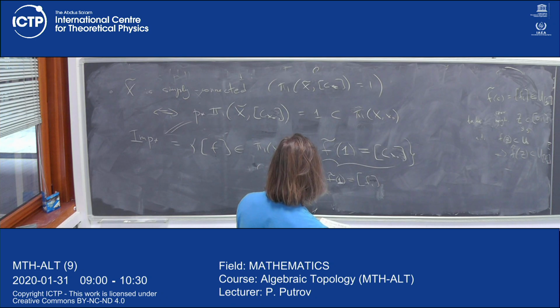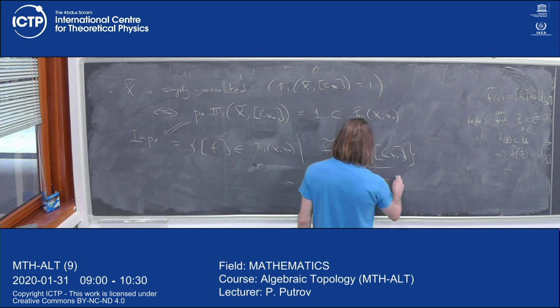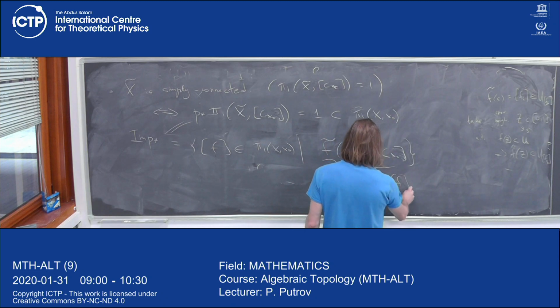Yeah, so the image. In various points we can start the lift of a path, and so f tilde of 1 was the class f of 1, f1 in the previous construction. And we knew that this is the same as the class of f.